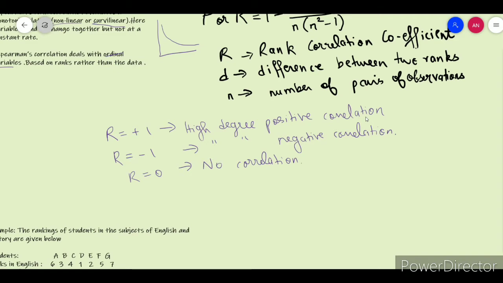And if it takes values nearer towards -1, that is called a high degree negative correlation. And if R is equal to 0, then that's the case of no correlation at all between the variables.